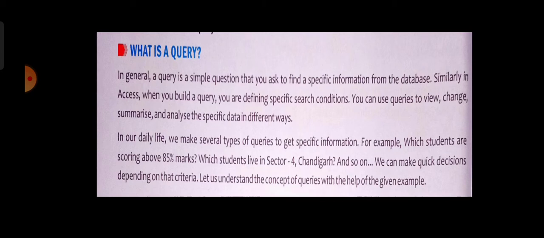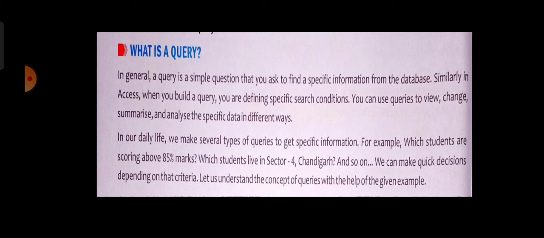So for creating a query, there are two types. You can create a query on a single table, or you can create a query on multiple tables. Now if you want to create a query on a single table, then easily you can create. But if you want to create a query on multiple tables, then for that you have to make a relationship between the tables.